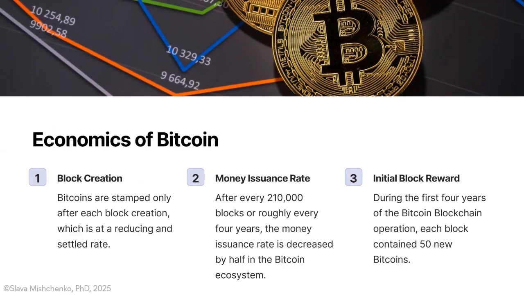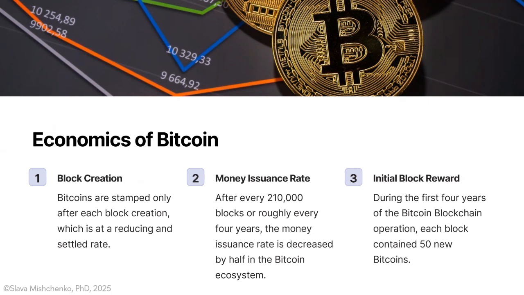What does it mean? It means that every 210,000 blocks, which works out to roughly every 4 years, something remarkable happens. The number of new Bitcoins created per block is cut in half. This is what we call the halving event.